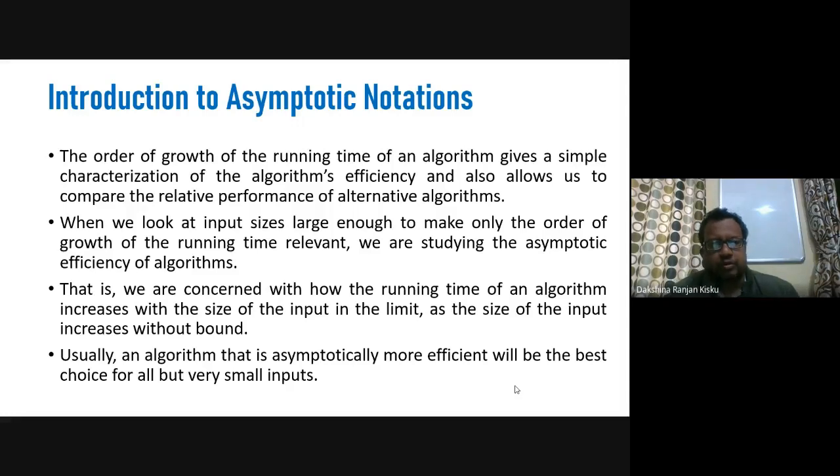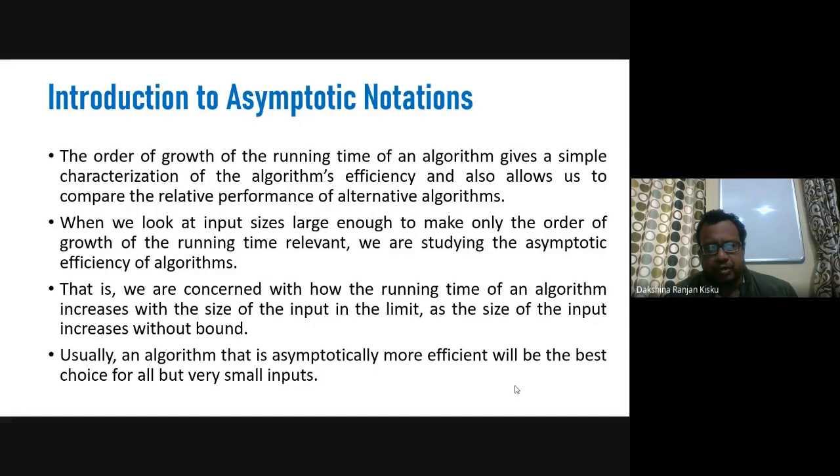Now, before we introduce the asymptotic notations, I just recall some of the essential things that we have discussed in the last class. Okay, so in the last class we were talking about the performance of the algorithms.